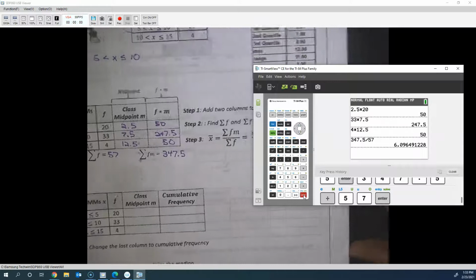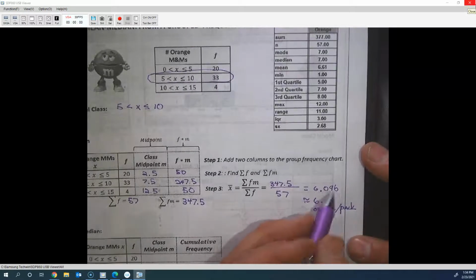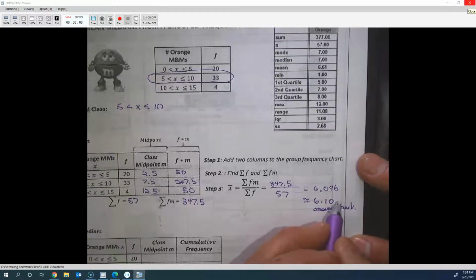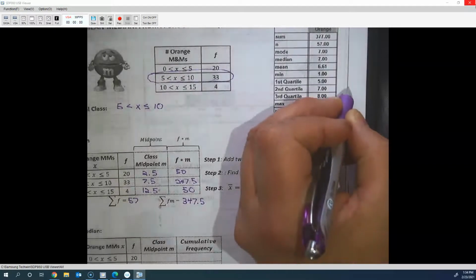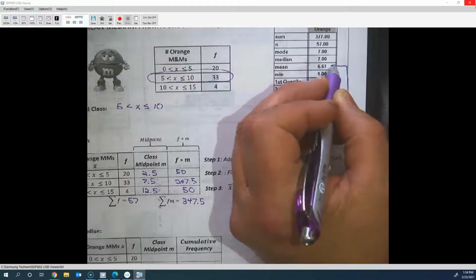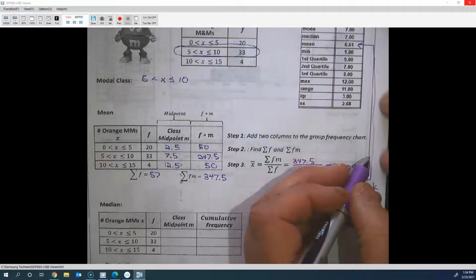Okay, now what you're going to see is that's not the same as what we got when we did it on the spreadsheet. So this average here is not going to agree with this average, because we used the midpoint.